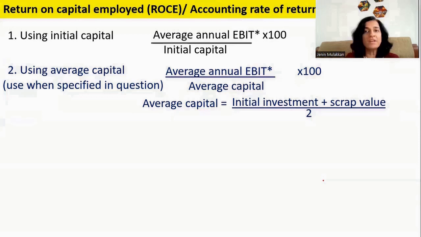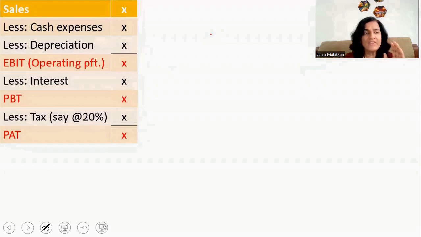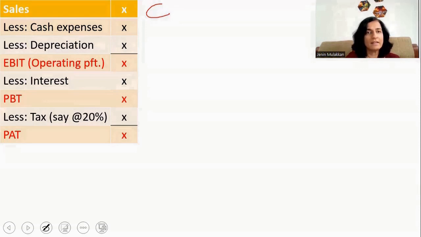Now, coming to the numerator, we need the EBIT. EBIT will never be directly given in the question. It will be cash flows that will be given. So how do we derive EBIT from the cash flows? Let's take a look at the pro forma income statement. Now, look at this very carefully. Assuming that all the sales is done on a cash basis, and these are definitely cash expenses.